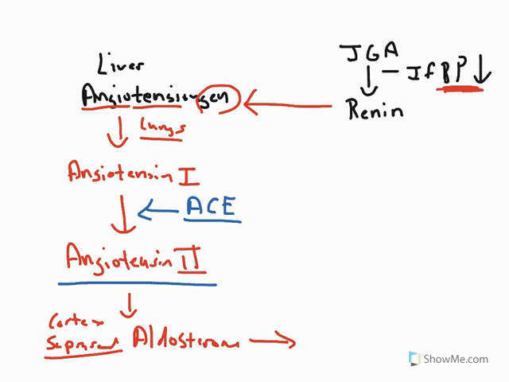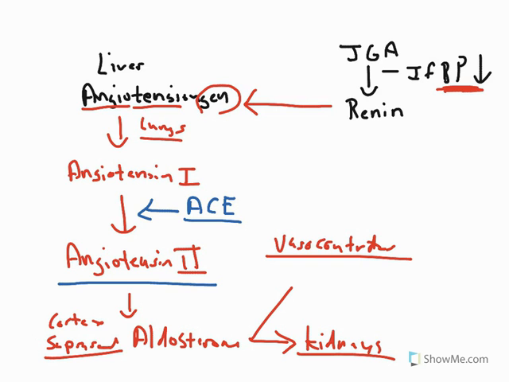Aldosterone, when it is produced, will work its way to the kidneys. Now, what is it going to do in the kidneys? It's going to work on the kidneys, yes, but we also will see that aldosterone is a strong vasoconstrictor. So it is going to constrict blood vessels. It will cause the kidneys to retain sodium, Na+, and lose potassium, K+.